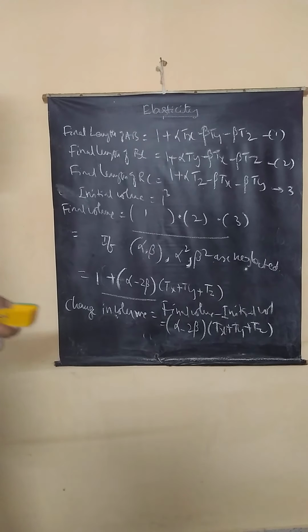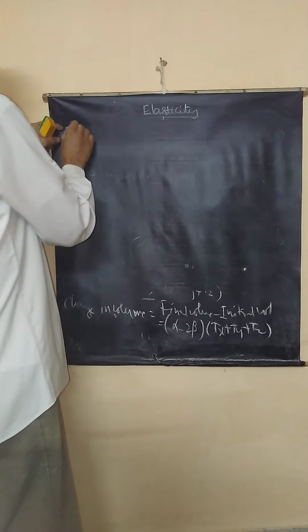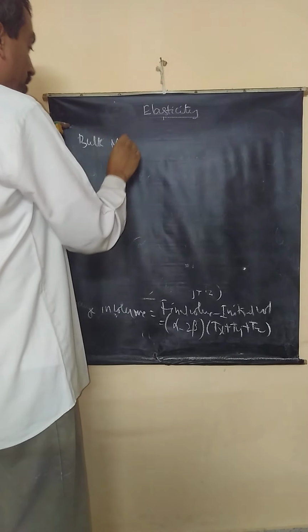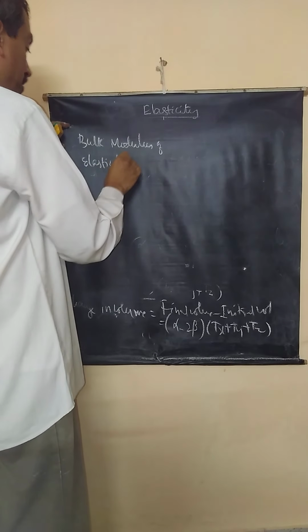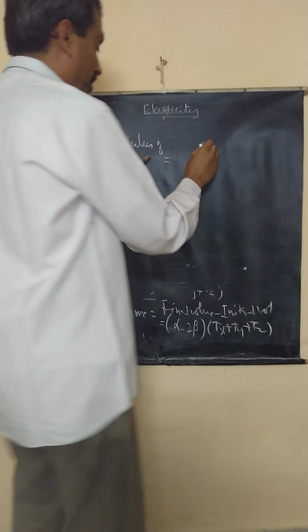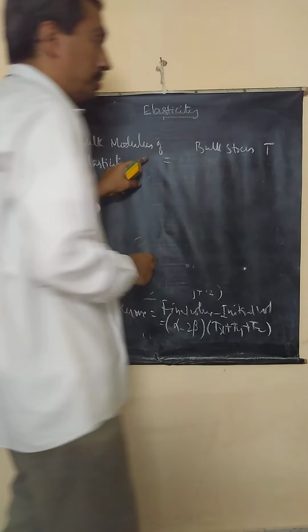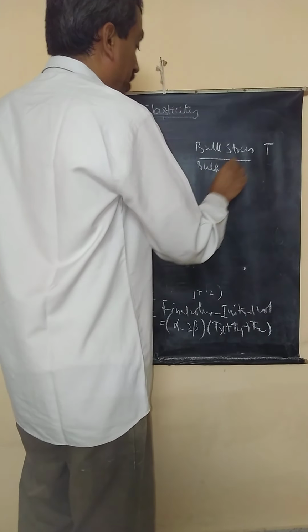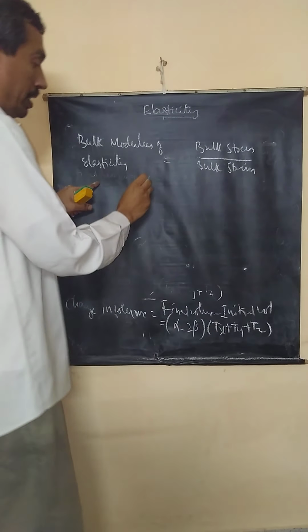So now it is time to write the final step. What do we get? The bulk modulus of elasticity is equal to bulk stress, that is T, by bulk strain. Now I will make an approximation.